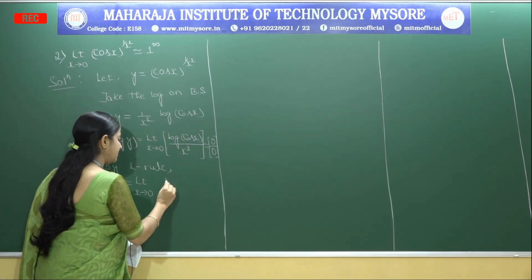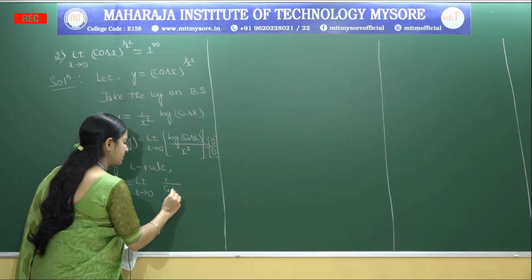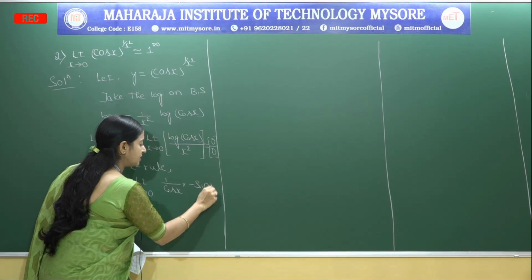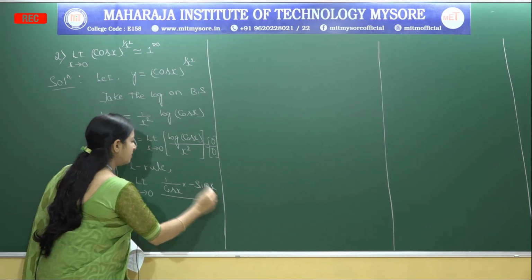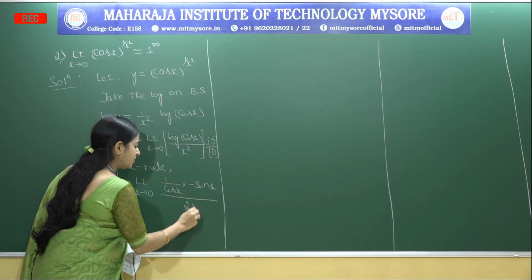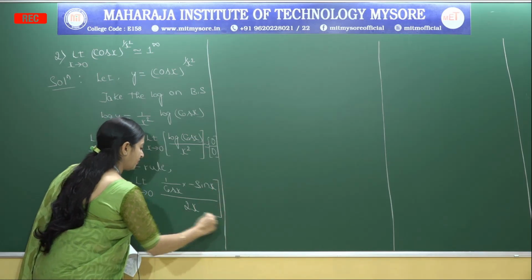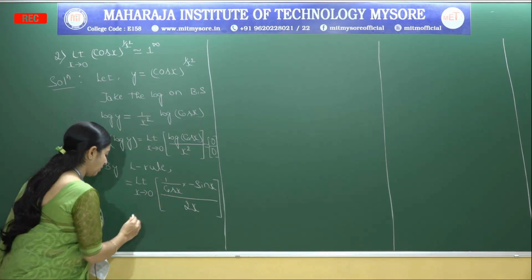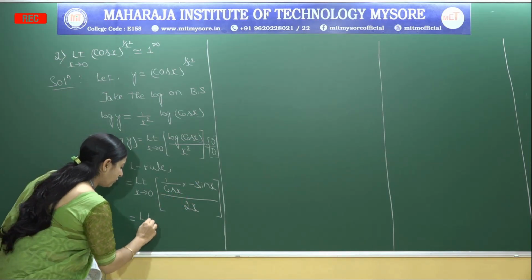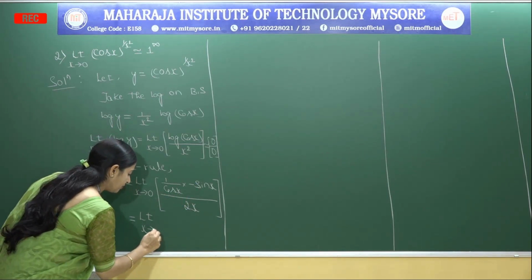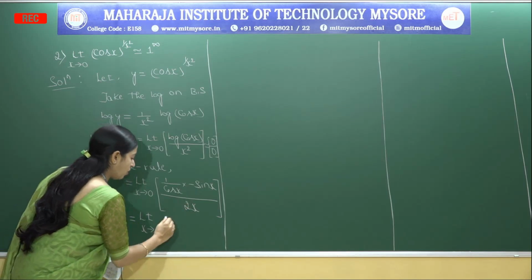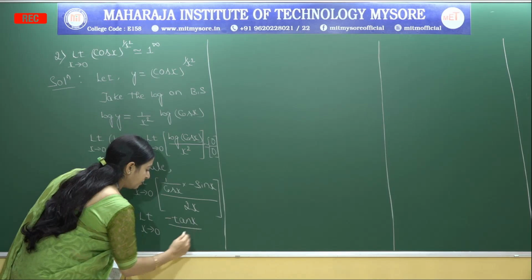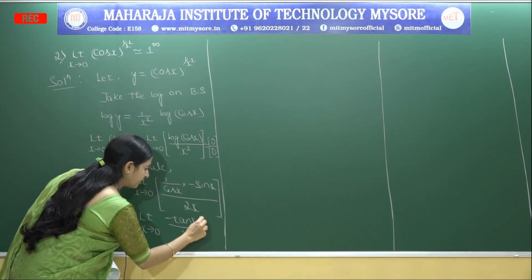Log cos x differentiation is 1 by cos x, then cos x differentiation is minus sin x, and the denominator x square differentiation is 2x. Then rewrite this term: sin divided by cos is minus tan x, so the limit as x tends to 0 of minus tan x divided by 2x.